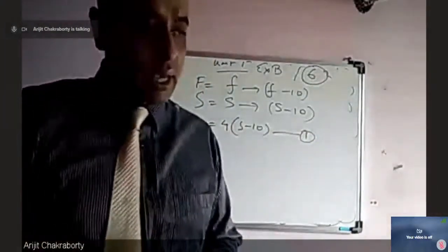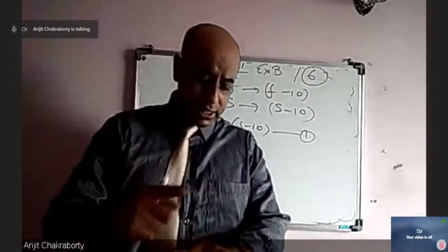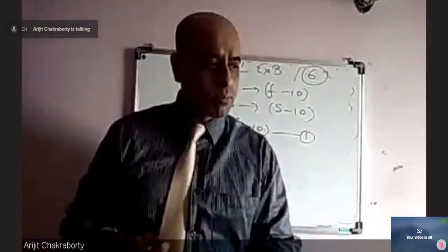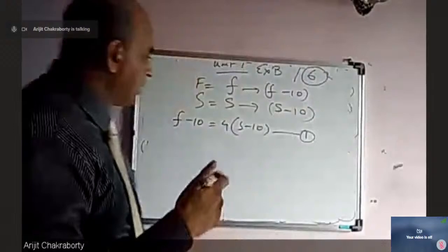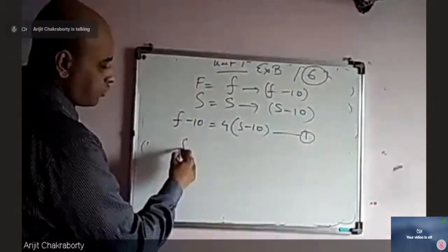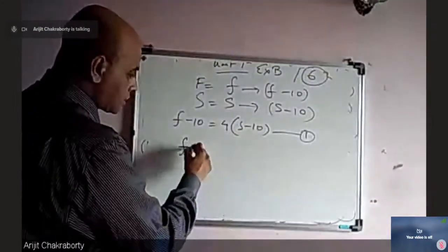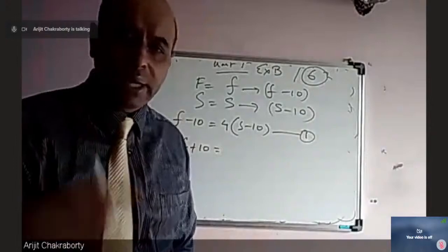Now it is saying that 10 years hence, which means 10 years from now, the age of the father will be twice that of his son. That means father's age is F now, 10 years hence, F plus 10. This will be 2 times the age of his son.